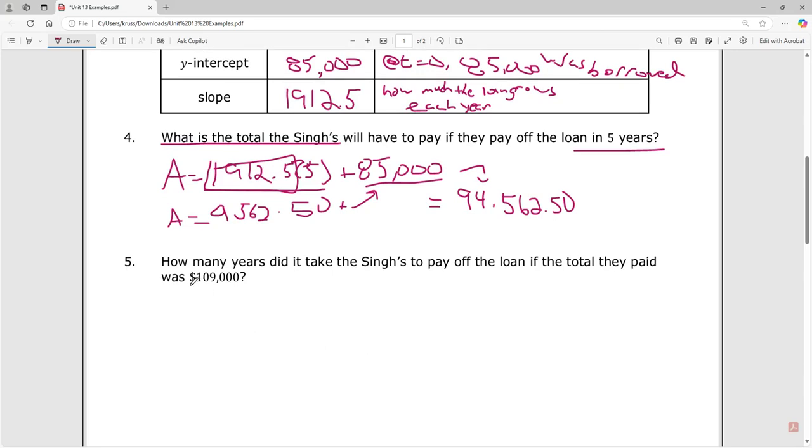So here I'm going to twist it around a little bit. This is my A value. Figure out the time, right? How many years it took.